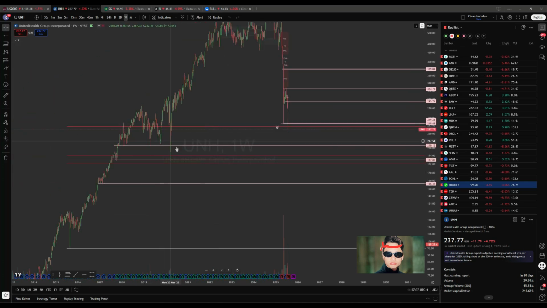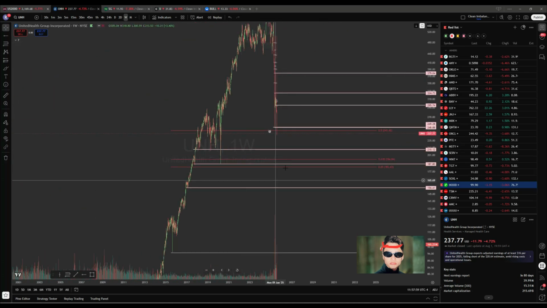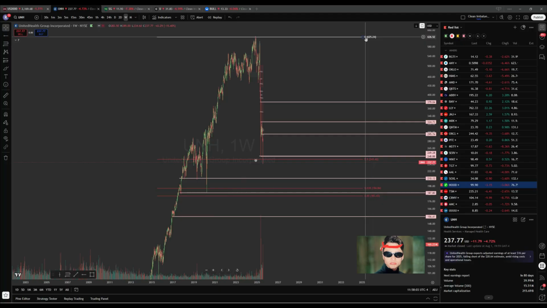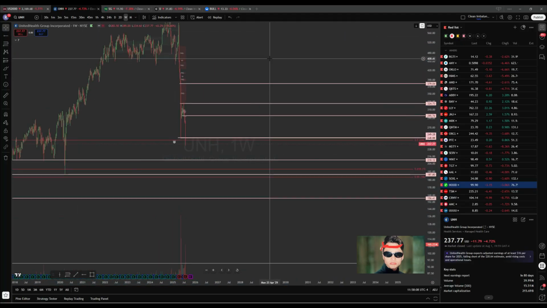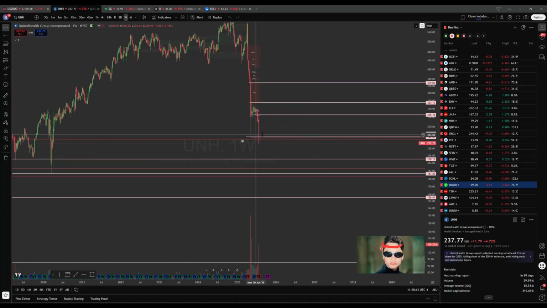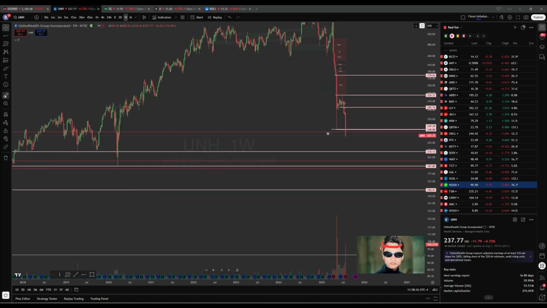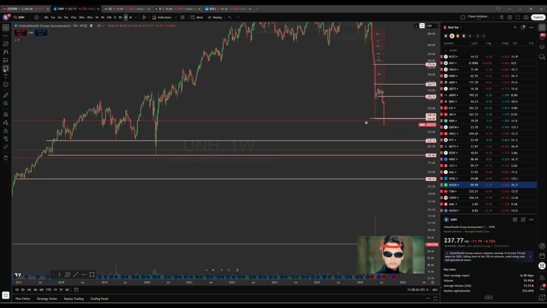So for UNH, now we're below this 0.5 from this run up right here. I would be looking to get in once we get a daily imbalance form within this area. So let's see where the imbalances are. We have one right here. That was mitigated already.